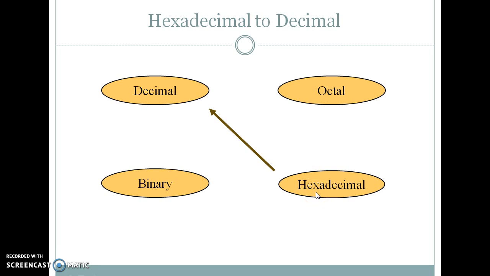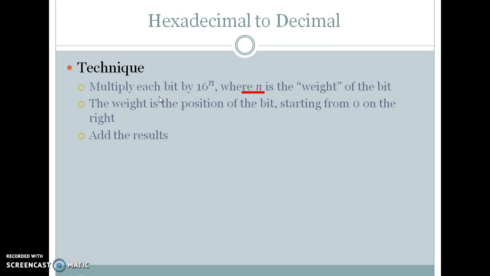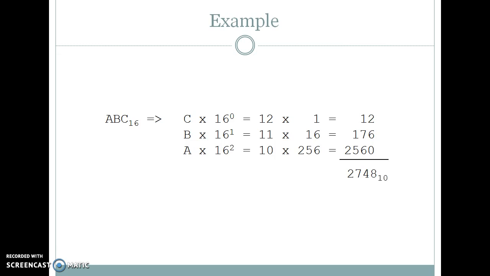Similarly, for conversion from hexadecimal to the decimal number system, the base taken is 16. And the rest of the procedure is the same as we did for the binary and octal. Let us suppose the number is ABC. For C, the weight is 0. For B, the weight is 1. And for A, the weight is 2.